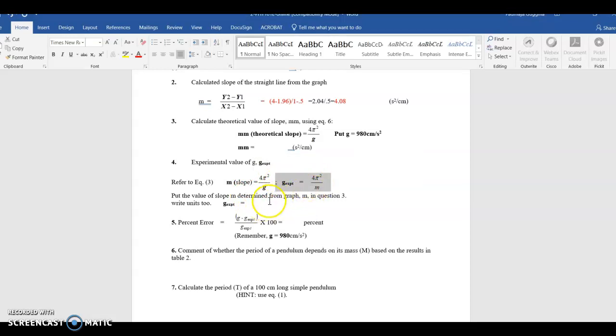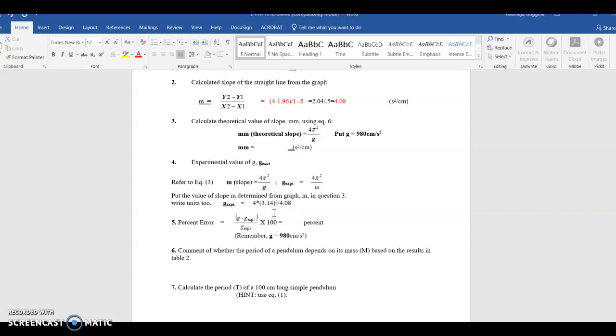So g experimental would be 4 pi squared, which is 4 times 3.14 squared, divided by 4.08, which we just got as this number right here. Whatever number you got right here, I'm going to use it right here.